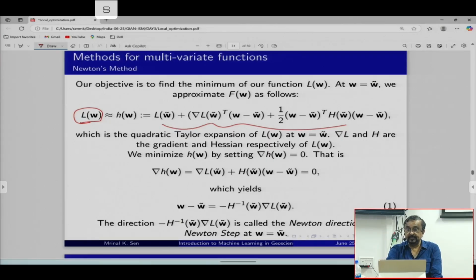Otherwise, it's a simple Taylor series. Then we take this function and set it equal to 0, and that gives an algorithm where the model update makes use of not just the gradient, but also the Hessian or the second derivative. And this is called Newton's method.